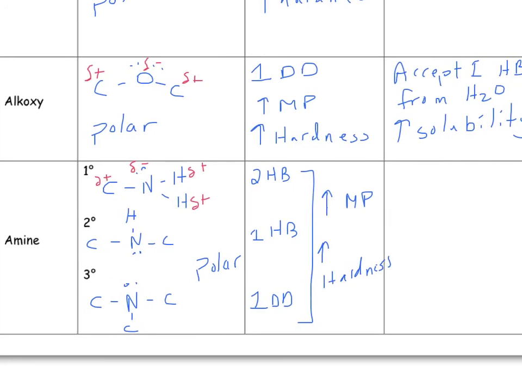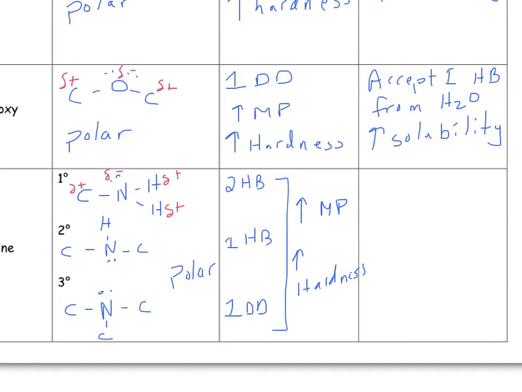Again, in terms of solubility, there is a range for amine functional groups, depending on which classification you have. If you have a primary amine, you can make two hydrogen bonds with water. If you have a secondary amine, you can make one hydrogen bond with water.